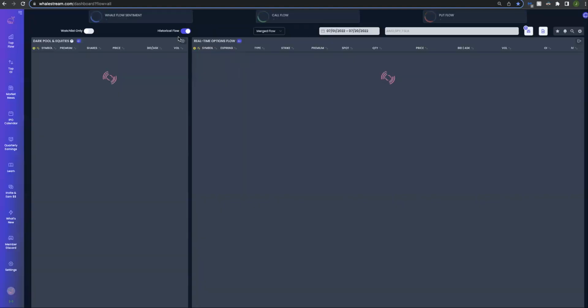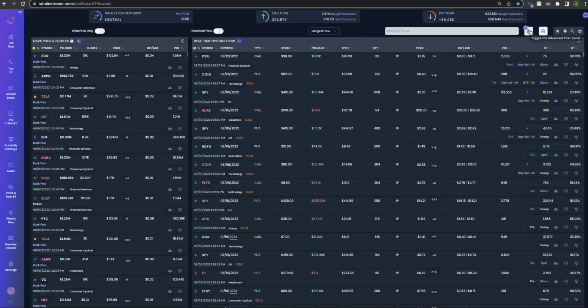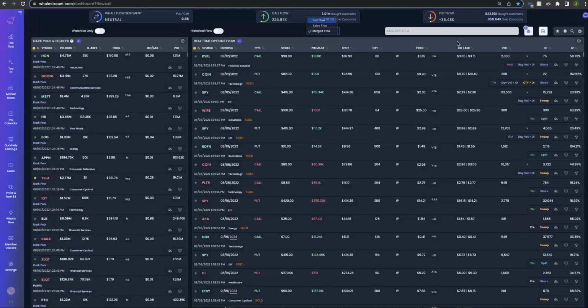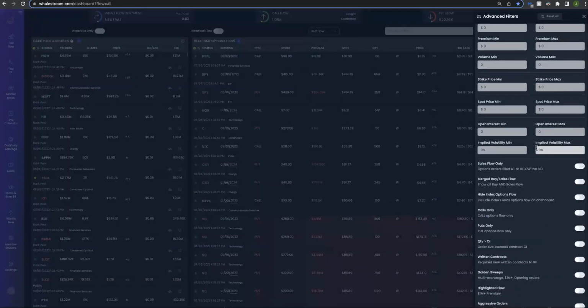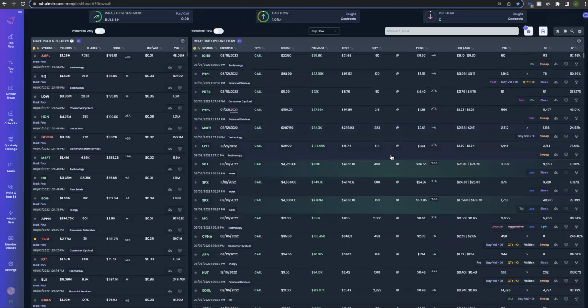So let me go back to live flow. If you want to see just bought calls, you can get out of merged flow and you can go to calls only over here, or you can simply click on the word call on your dashboard and it'll show you all of the calls.